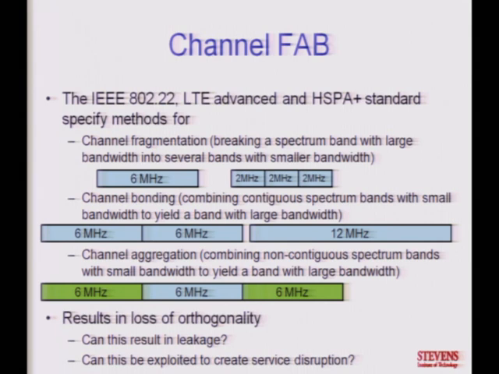Because once the bonding is done, if the standards, the way they specify is, even after doing fragmentation or aggregation or bonding, if you do the cyclic prefix and other things correctly, it should result in orthogonal channels within that network. But what happens is, for example, an LTE network with bonded channels could cause leakage into an HSPA network and vice versa. So that is not really taken care of, even the way they define it.